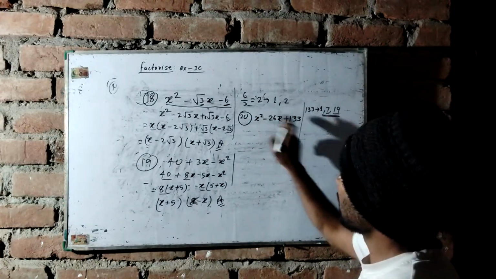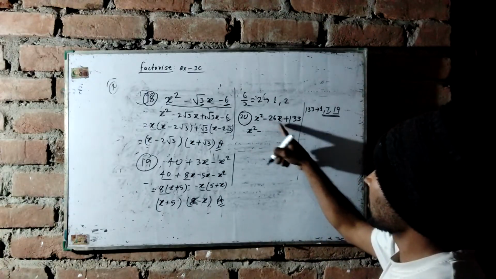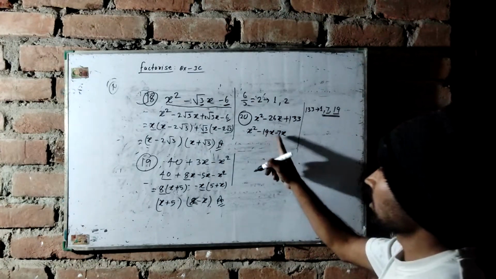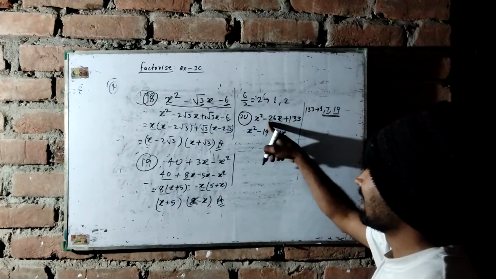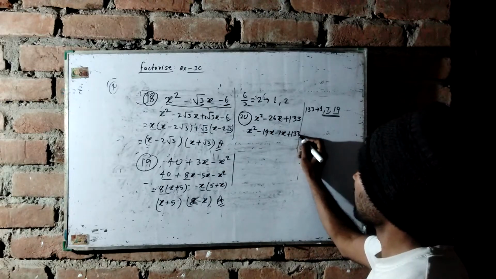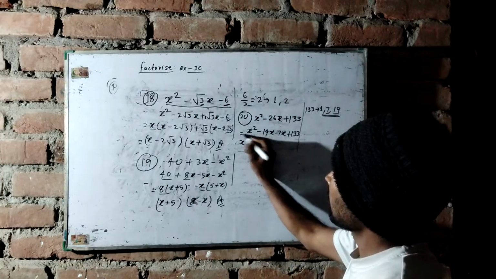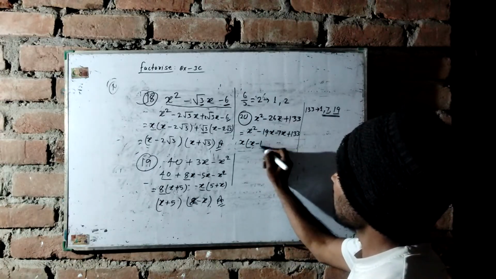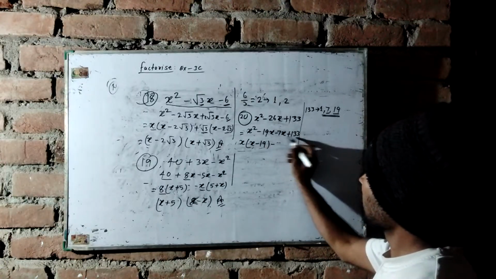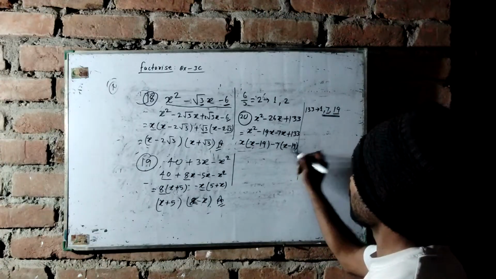So this polynomial can be written as x squared minus 19x minus 7x plus 133, because their sum will be minus 26x and their product will be plus 133. Now we can take x as a common and write x minus 19 as a multiple, and we can also take 7 as a common and write x minus 19 as a multiple.